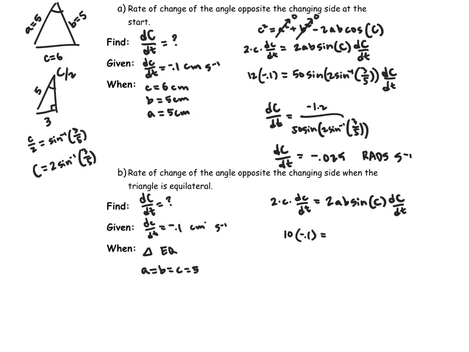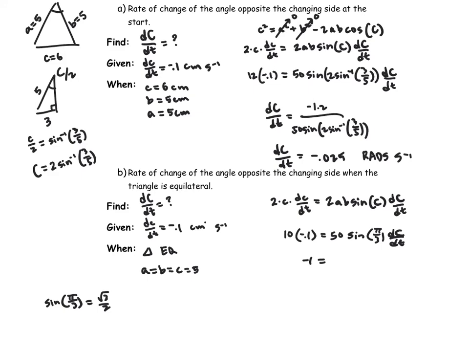2 times 5 times 5 is 50. Sine of, now if we have an equilateral triangle, that angle would be 60 degrees, which is equivalent to pi over 3, dC/dt. So I get negative 1 is equal to 50 times sine of pi over 3. Sine of pi over 3 is equal to square root of 3 over 2.